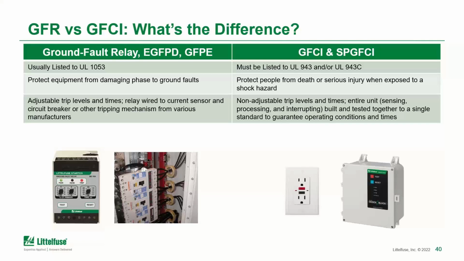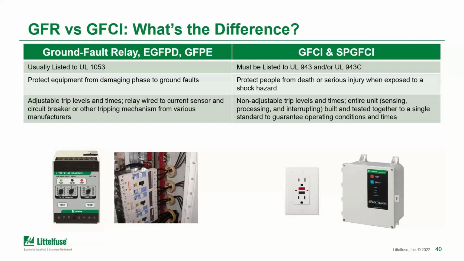So aside from the standard, really the overall difference is that ground fault relays, GFPE, are designed to protect the system equipment and to limit that damage, whereas a GFCI is specifically designed with those trip levels to try to protect people from death or even injury where they could be exposed to that shock hazard.